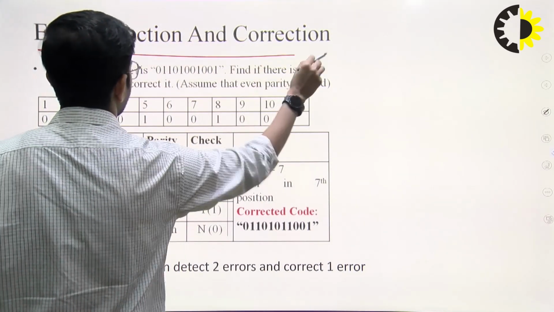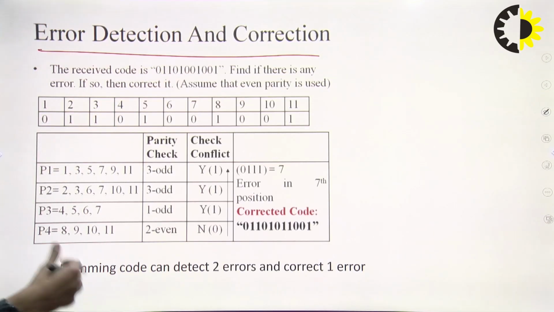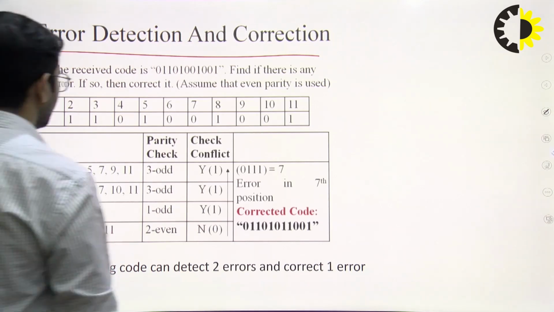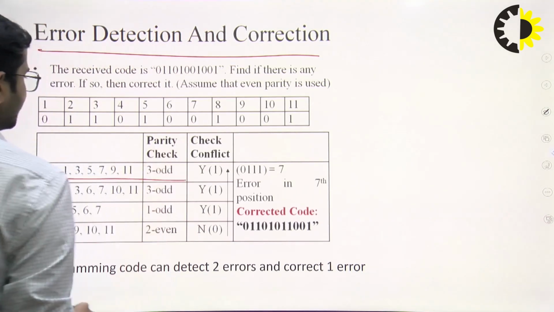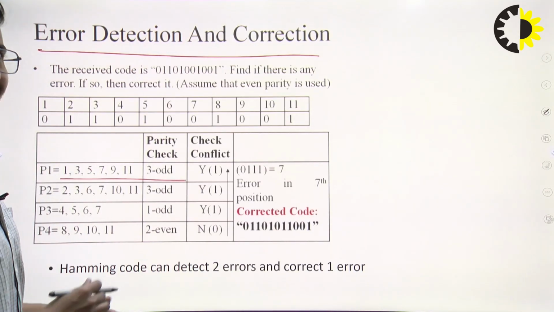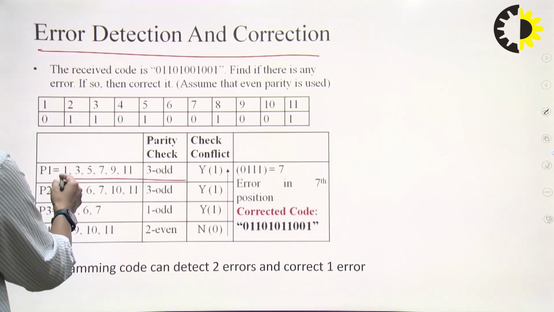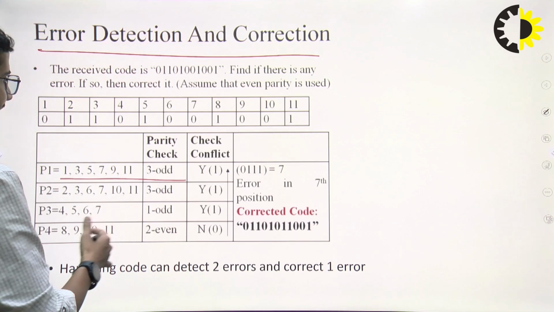Now the received code becomes 11 bits. Then how can we find out if there is any error or not? For that, for P1 we will take 1 bit at a time and skip 1 bit. So 1, 3, 5, 7, 9, 11 we will take, as in the earlier slide also.